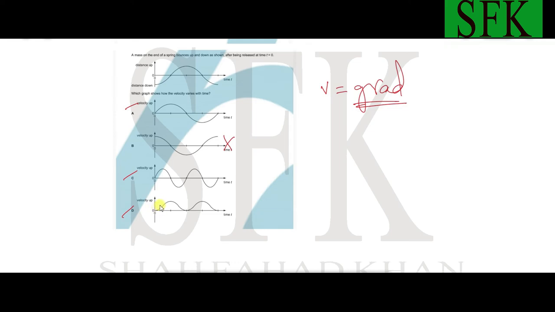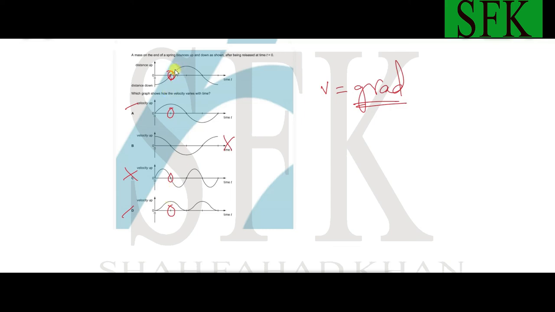In this case the gradient is increasing and becoming maximum too. Now let's go forward. The gradient is decreasing and becoming 0 again. At these points, the gradient must have a maximum value. In C, the value of the gradient is 0, so C cannot be the answer. So 2 ruled out, 2 left.